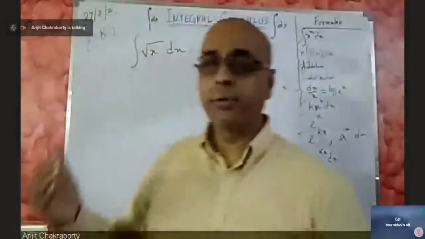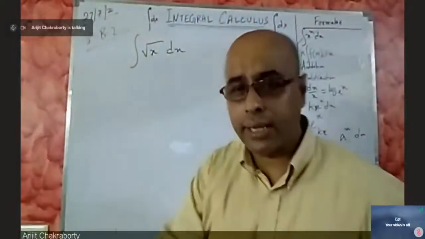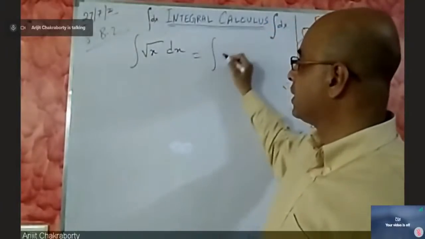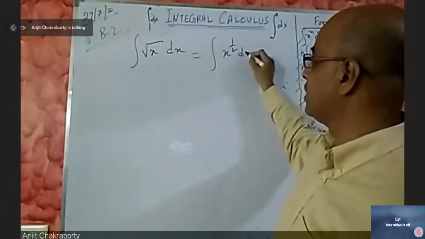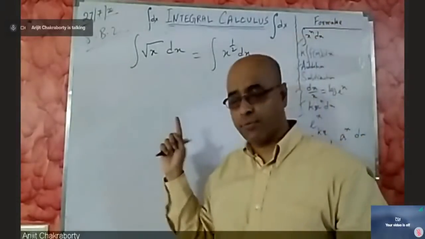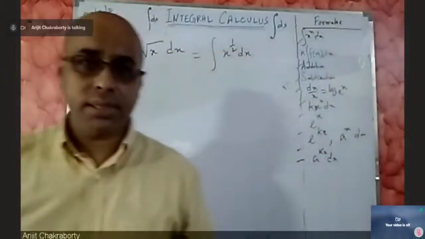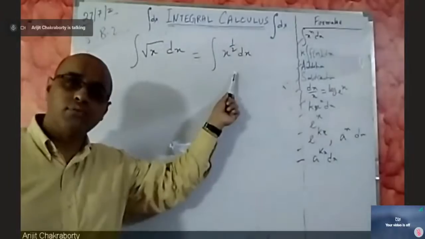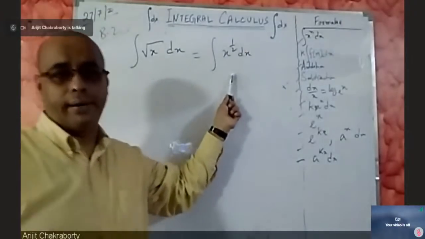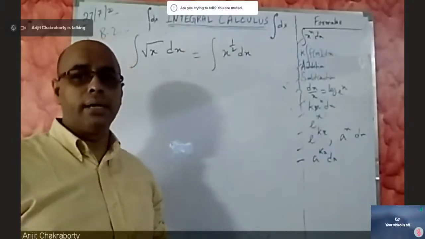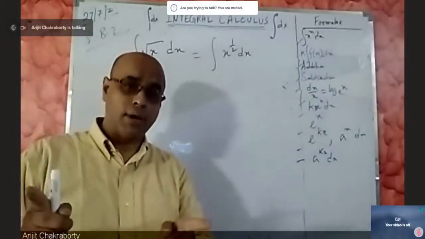So I can rewrite this expression as the integration of x to the power half dx. Now x to the power half is of the form x to the power n, and we know that the formula is x to the power n divided by n plus 1.